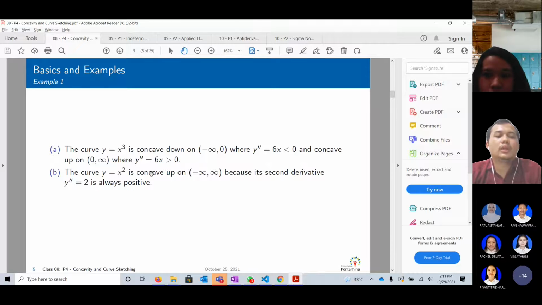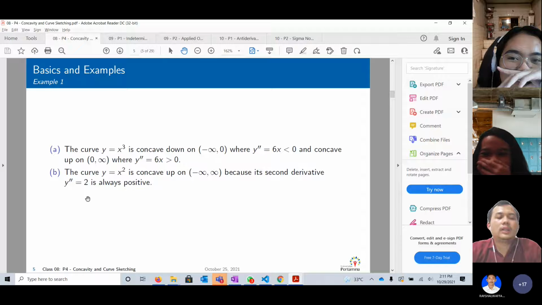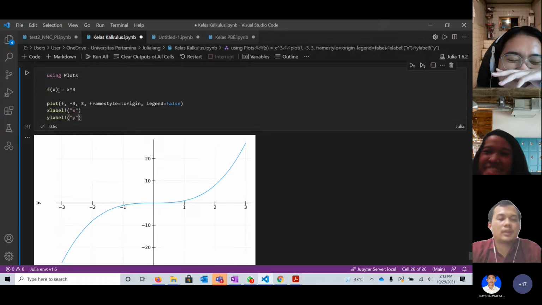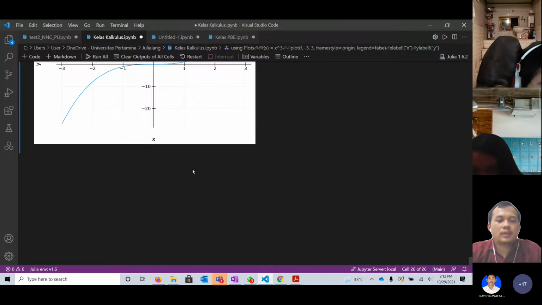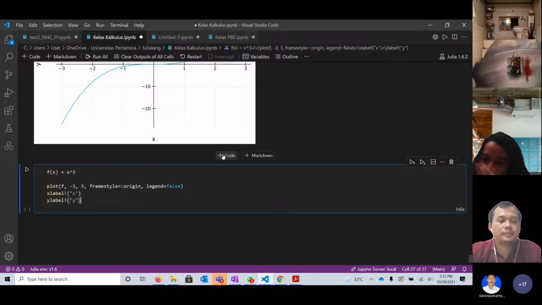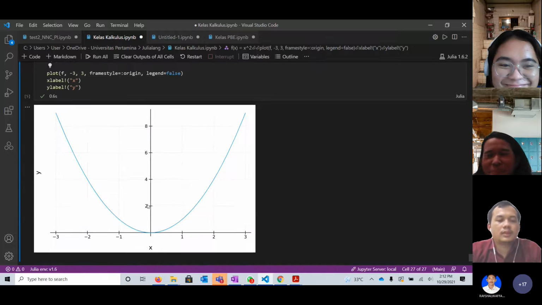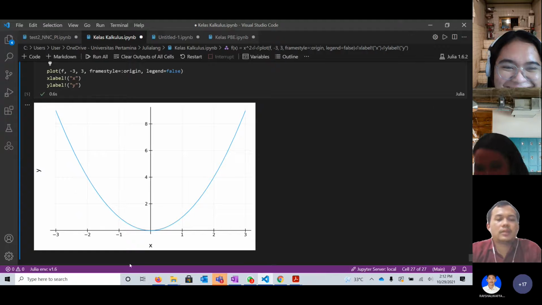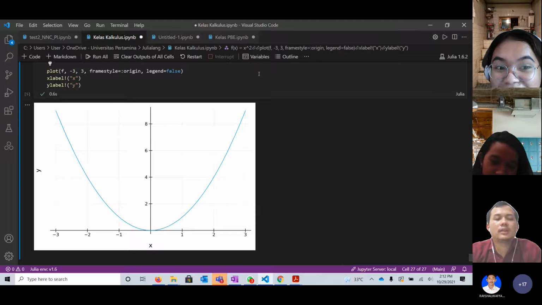X kuadrat itu cekung ke atas karena turunan keduanya adalah 2, yang mana ini selalu positif. So if we plot x squared, the plot looks like this. You see that the curve is concave up. Jadi kurvanya adalah cekung ke atas.